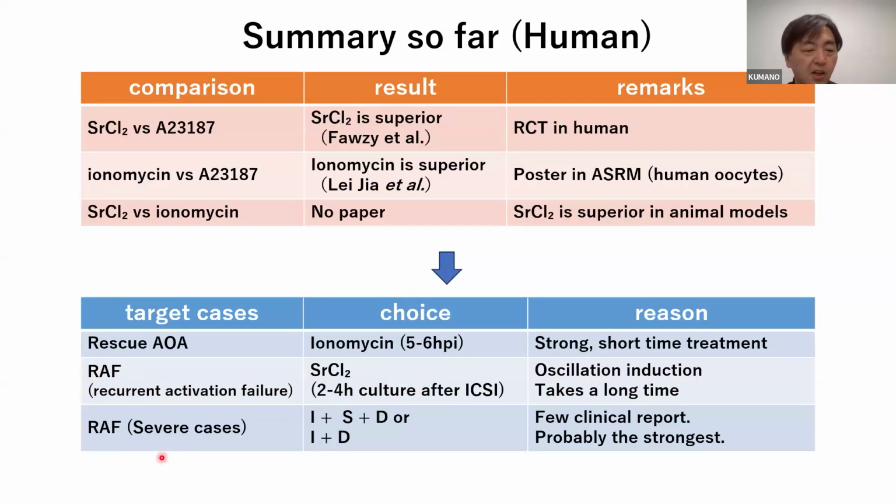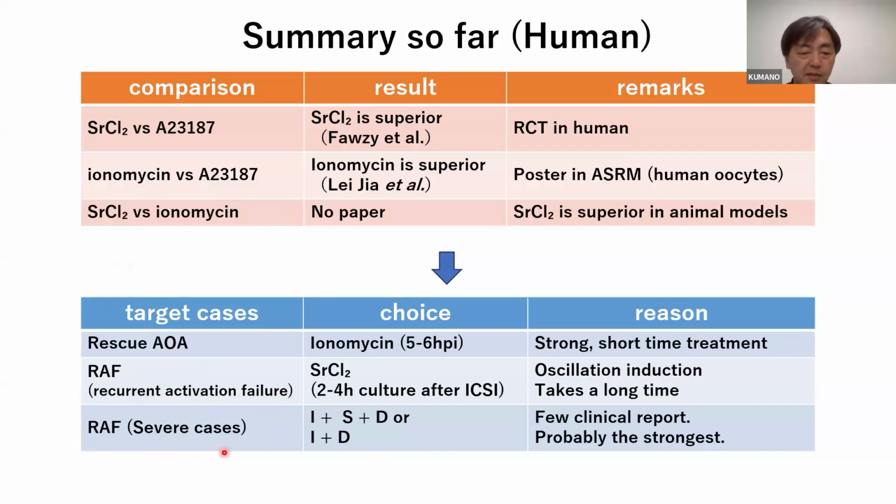And in the case of severe RAF cases, namely in the previous cycle, when oocytes were treated with ionomycin or strontium, however, after the treatment there was no PN formation.